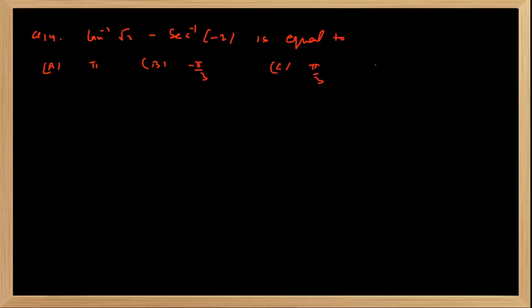Question 14. Tan inverse root 3 minus sec inverse minus 2 is equal to: A is pi, B is minus pi by 3, C is pi by 3, and D is 2 pi by 3.